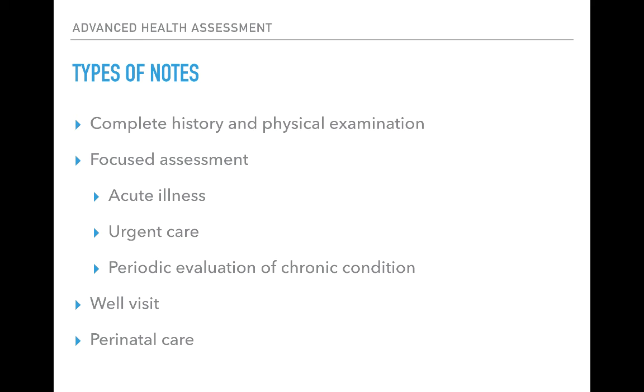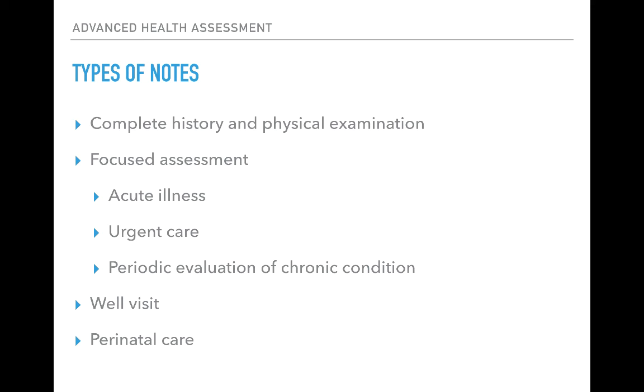And you don't need to do a complete history and physical every time you see a patient. So you can have different types of focused exams. You can have focused exams for acute illnesses, urgent care, periodic evaluations of chronic conditions. And a focused assessment does not look at every body system every time you see the person.